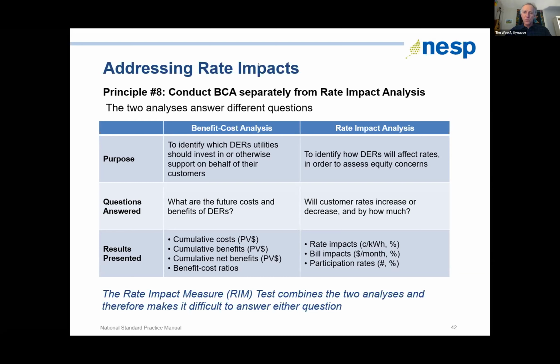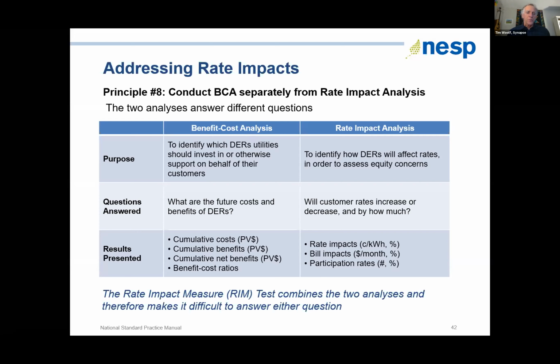What's the percent increase in rates? So that you have information that provides you with context to make a decision. Bill impacts, the same thing. What's the dollar per month? What's the percent increase or decrease in bills? And key to this is participation rates, which I'll talk more about as well. That's an important part because equity is really relevant here when you talk about rate impacts.